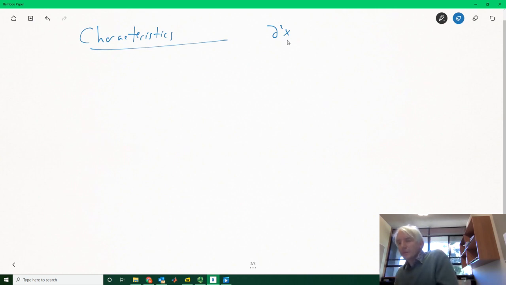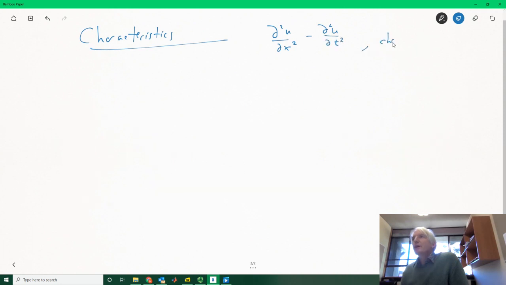So maybe, this isn't in the notes, but it might be kind of useful just for 2 seconds. But we don't really have time, unfortunately, to talk in great detail about characteristics for that. But the characteristics here are x equals plus or minus t. If we had a c here, then it would be x equals plus or minus ct. So there are 2 sets of characteristics, second order, or it's a system of 2 coupled equations.